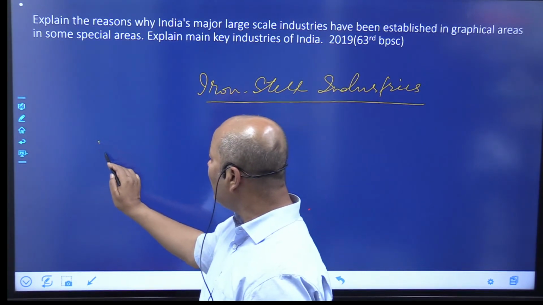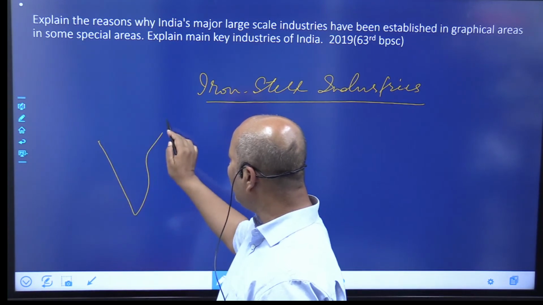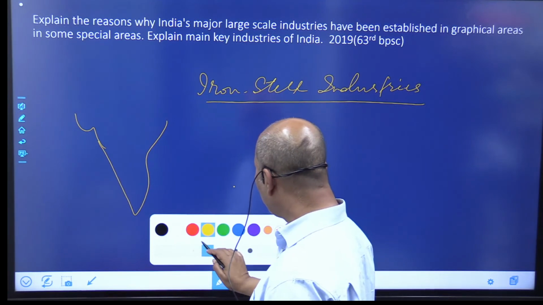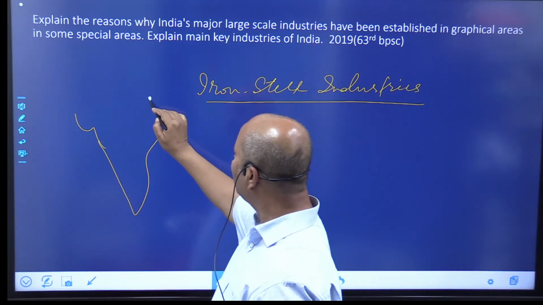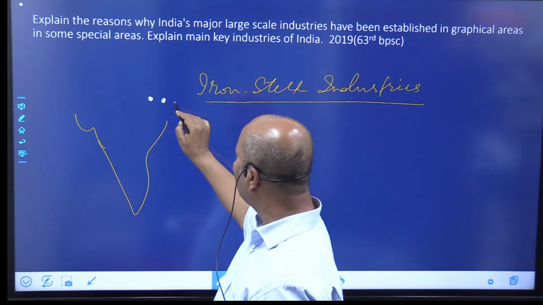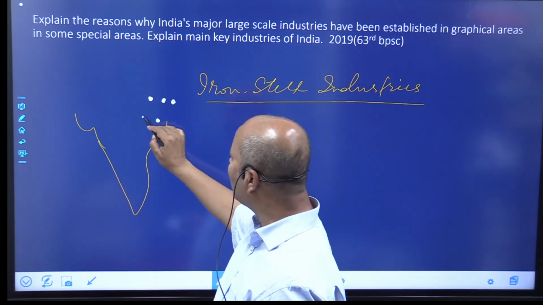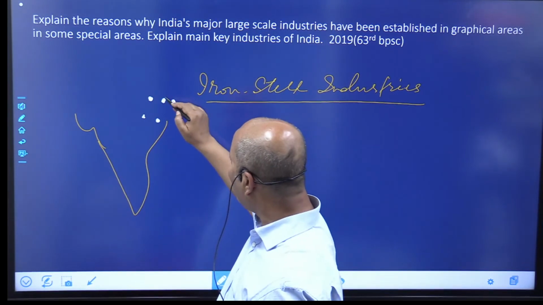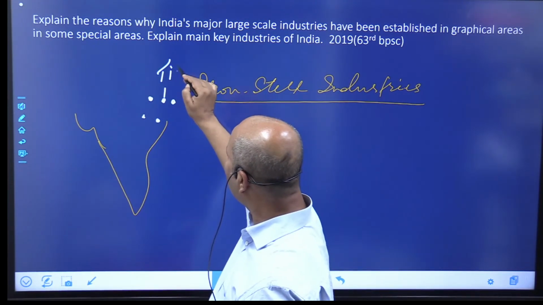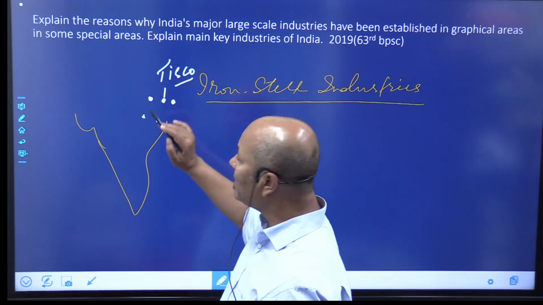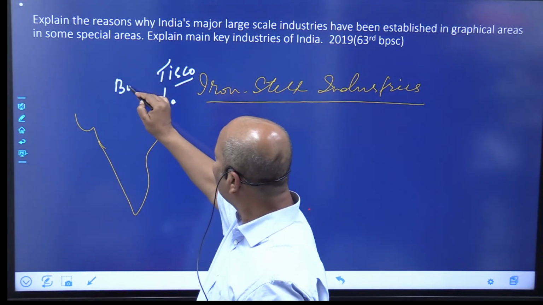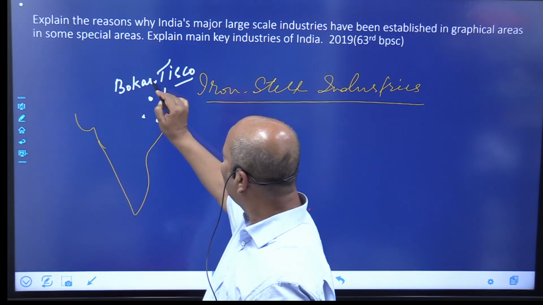Before going to the detailed analysis of this area, first locate the major iron and steel industries of India in peninsular India. So you have the location of TISCO. This is the first iron and steel industry in India. Then we have Bokaro steel plant.